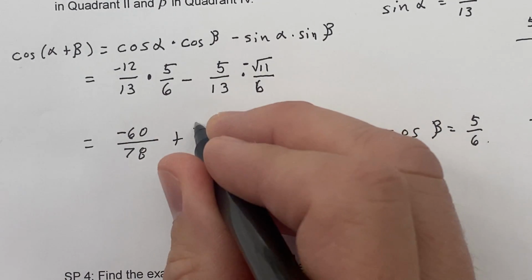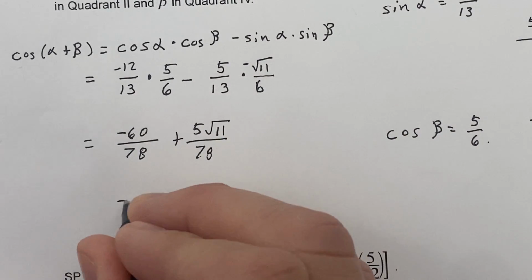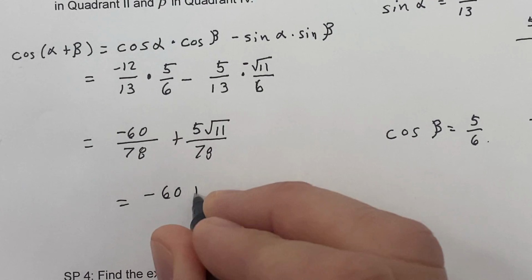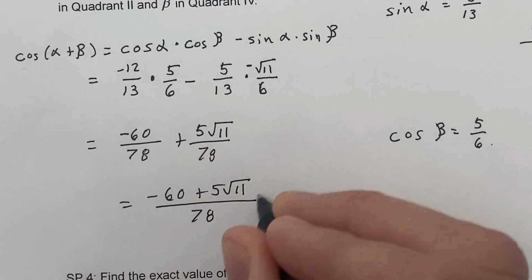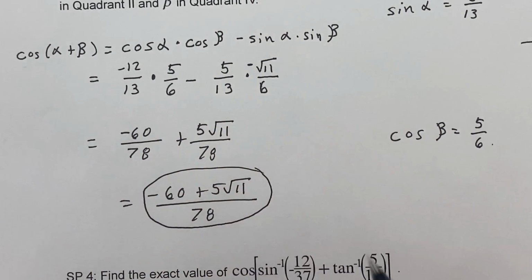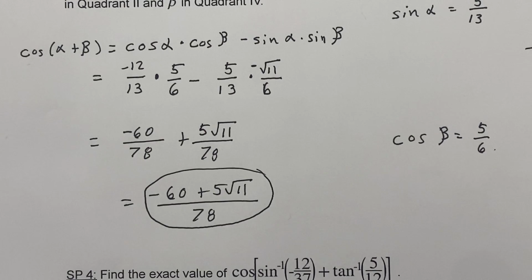Negative, negative, positive 5 square roots of 11 over 78. And what an awesome number that is, right? They wanted exact, so there they go.